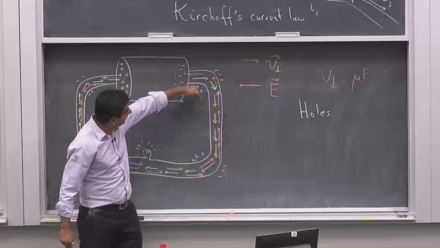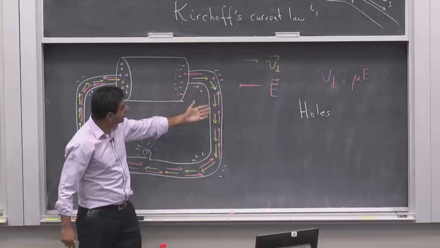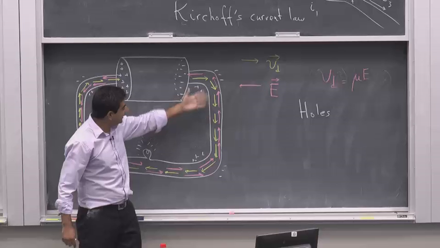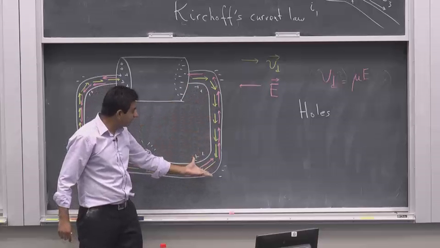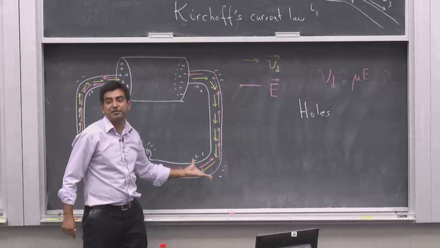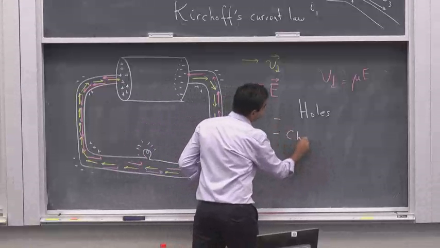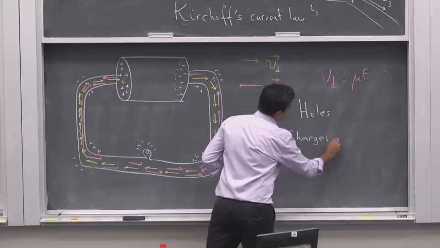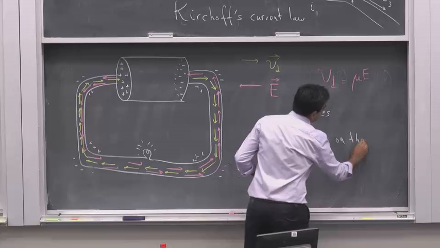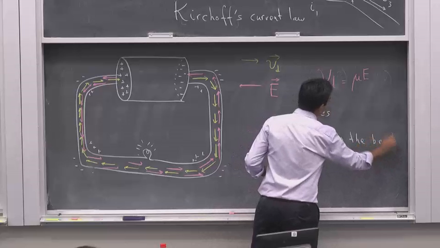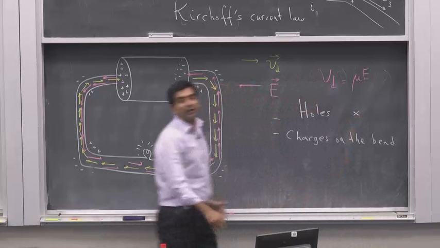Remember, the electric field is changing its direction, but this electric field is significant, so it cannot be produced by these minute charges. So the charges on the bends are not contributing to the electric field. Neither are there holes, because there are no holes inside this system. So any other idea?